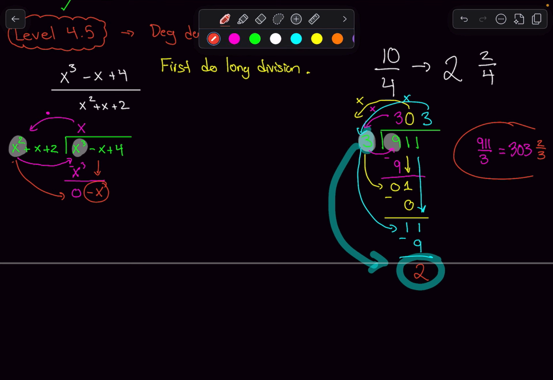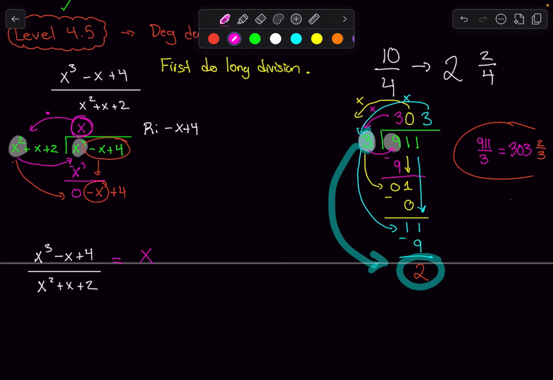We're going to say, okay, so x squared doesn't fit into minus x. It's definitely not going to fit into minus x plus 4. So we have a remainder of negative x plus 4, if you will. And all that means is that this fraction, x cubed minus x plus 4, divided by x squared plus x plus 2, is going to equal x, because that's the only thing we were able to get out of this.